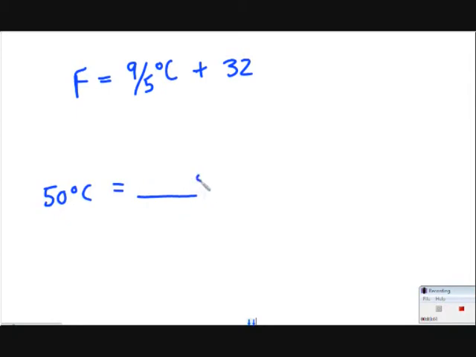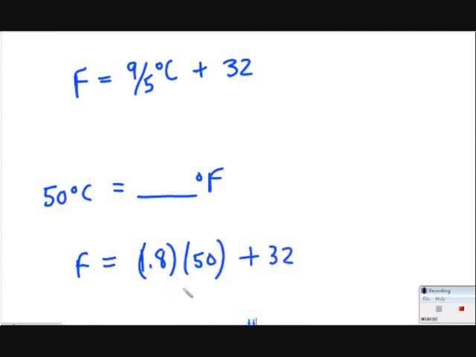Copy that, put that on the next page. So how we can use this formula, let's say we have a temperature of 50 degrees Celsius. So 50 degrees Celsius is the equivalent to what in Fahrenheit? So we take our temperature in Celsius and we say, alright, well Fahrenheit is equal to 9/5 or 1.8 times our temperature in Celsius, 50, plus 32.